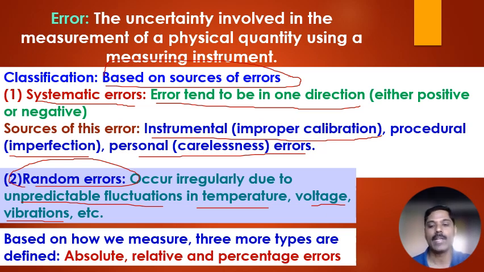And if there are voltage fluctuations in the source that you are using, then the value of the electric current that you measure need not be error-free. So such errors are known as random errors.